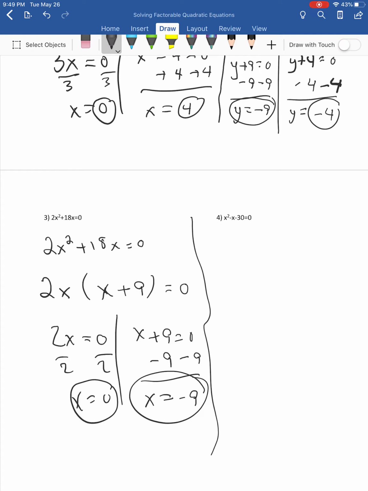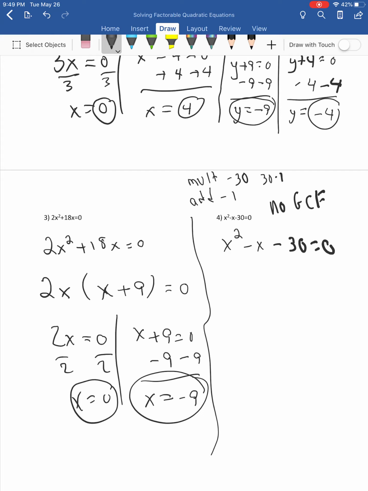Okay. Number 4, x squared minus x minus 30 equals 0. You should see this one does not have a GCF. Again, easy way to tell. First two terms both have x's, the last term does not, so they don't all have something in common. So now we need factors of 30 that multiply to negative 30 and add to negative 1.